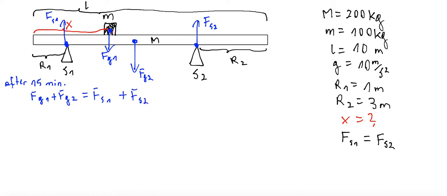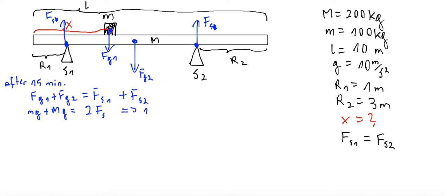Okay, so by using this equation, you can calculate the force of each support. Is it clear? Because if Fs1 is equal to Fs2, you can write this in the form of small mass times g plus huge mass times g must be equal to 2Fs, because Fs1 is equal to Fs2, so I'm going to use Fs. So what do we have?